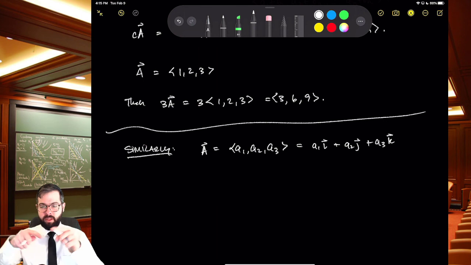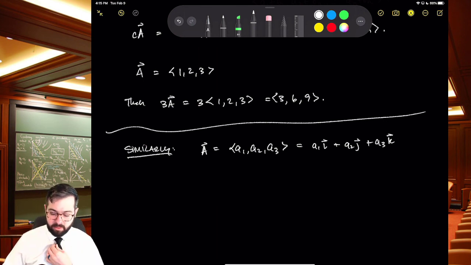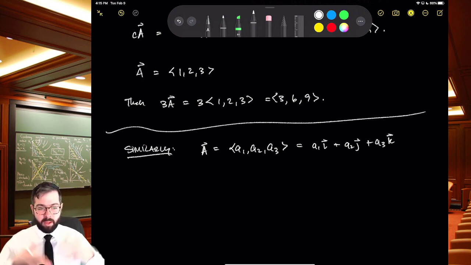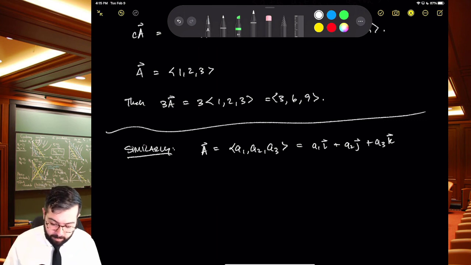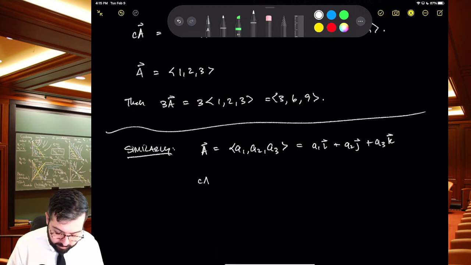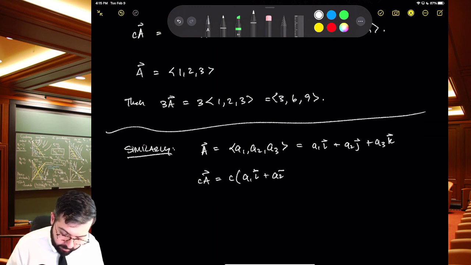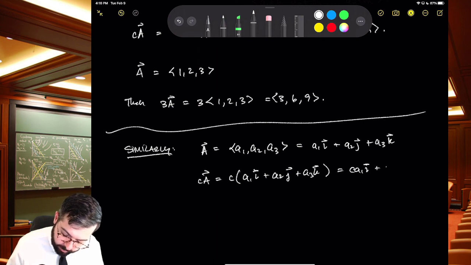Remember, these are the three ingredients, x, y, and z, those directions, or those vectors that make up the entire vector space. So the same stuff holds up. CA is going to be C times this whole thing, which is CA1I plus CA2J plus CA3K.